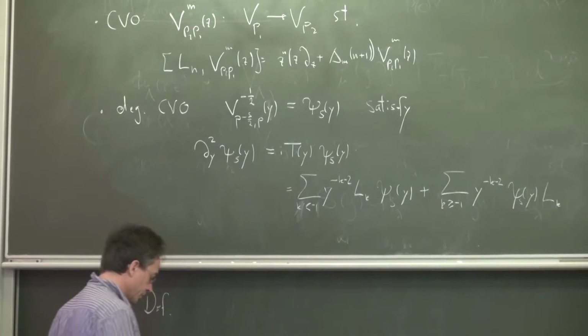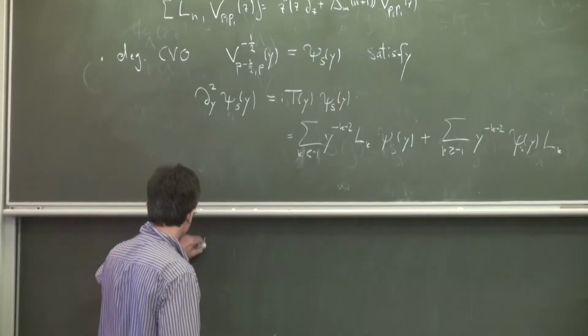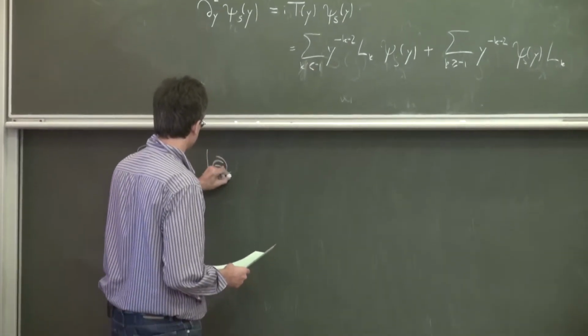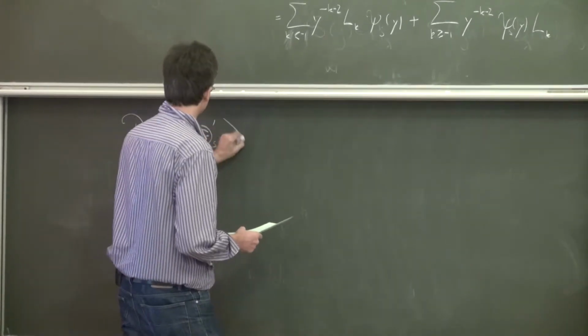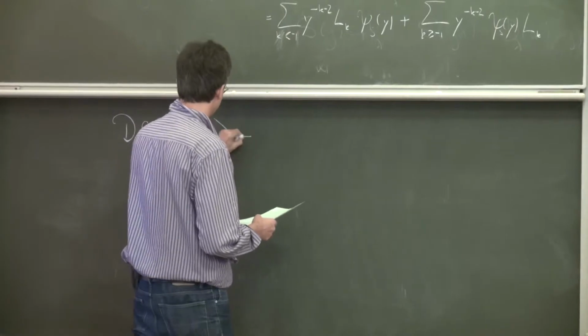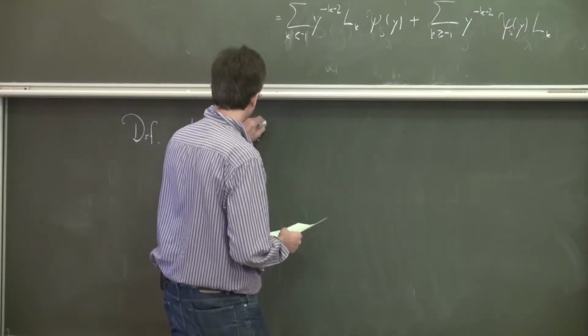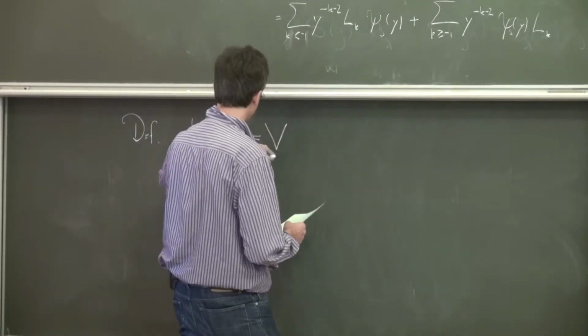So what is then natural to consider is compositions of such chiral vertex operators. Here let's pick, it's not absolutely crucial to consider this one, but let's be specific and pick one.